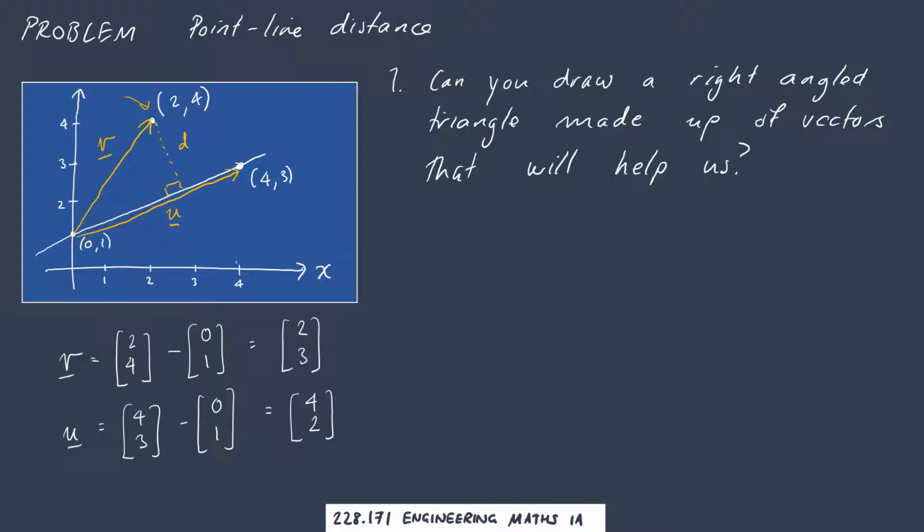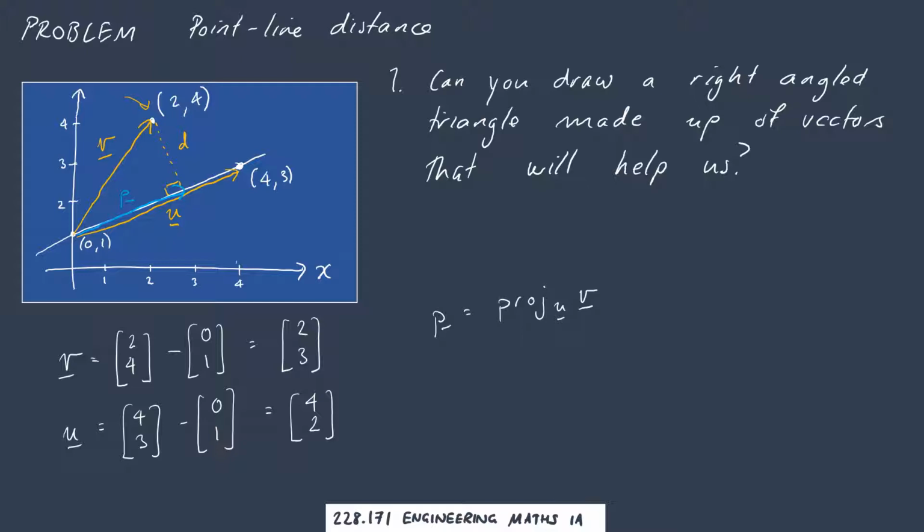Now the third vector we want to add in is the new one we learnt about, this projection here, and we'll call that p. So p is a vector in the same direction as u, but it stops at this point where this perpendicular line is going to be dropped down. And p will be the projection onto u of v.